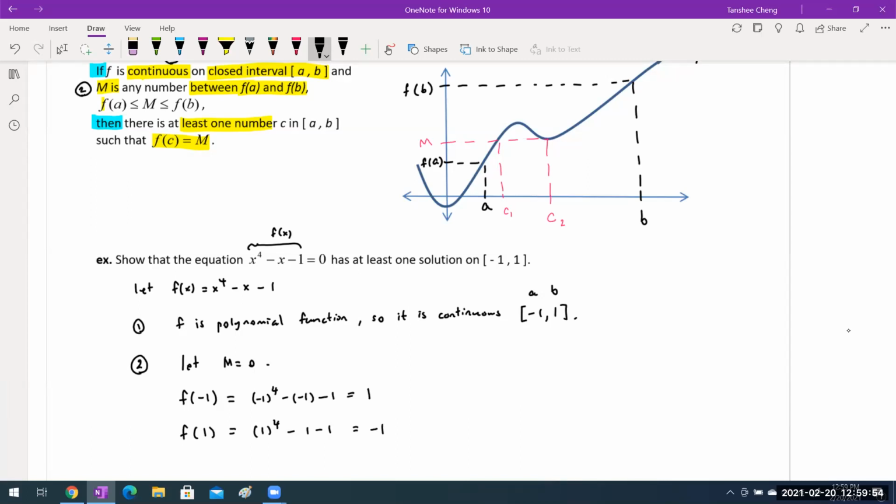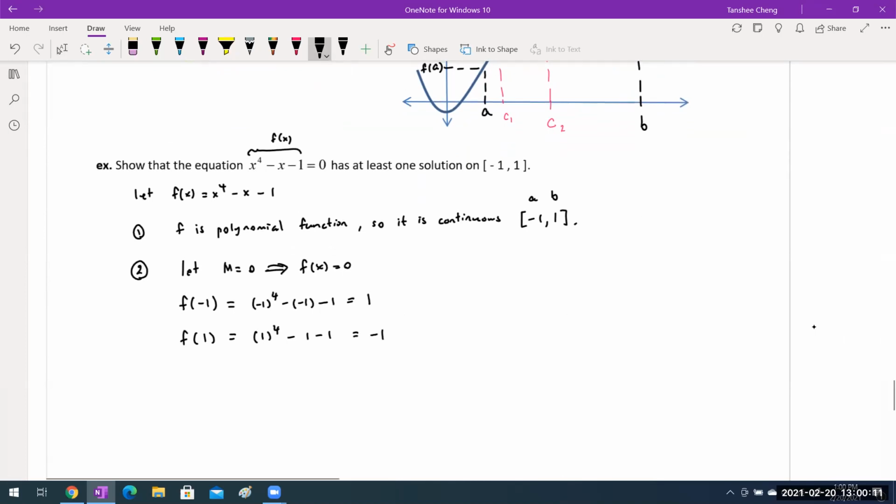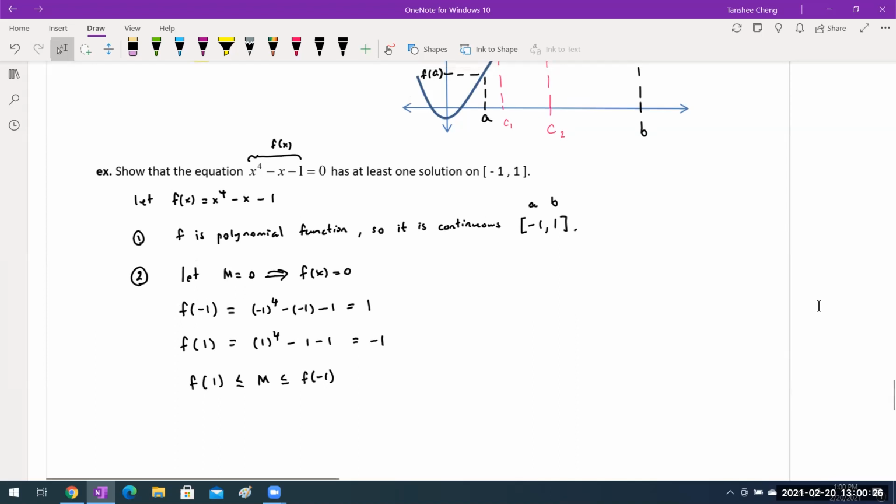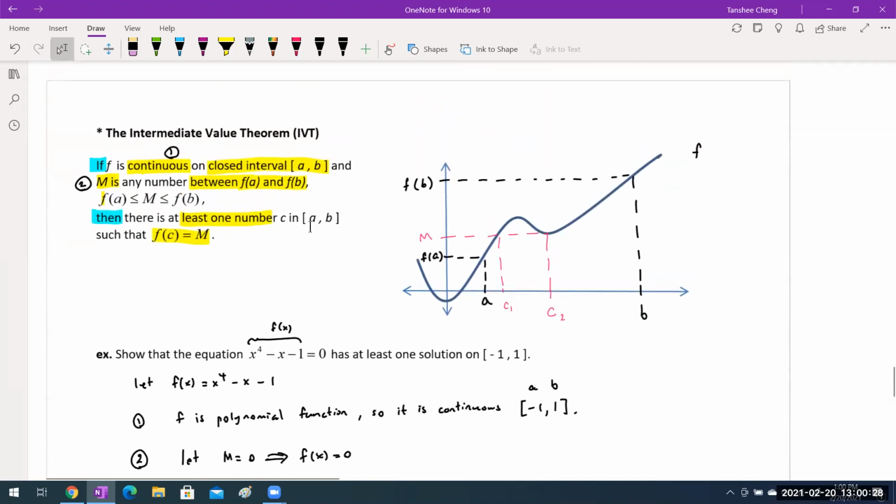You can clearly see that the value m, the function value equal to 0, which is our solution, is between these two. This helps us meet the second criterion: f of 1 is less than or equal to m, which is less than or equal to f of -1. We showed that already; this m value is between those two.